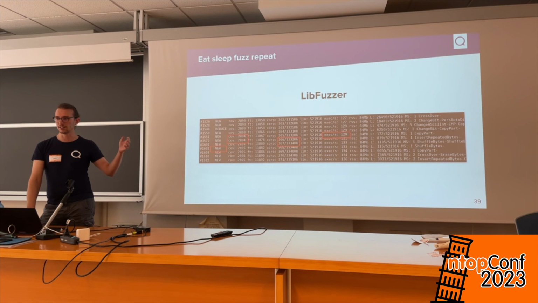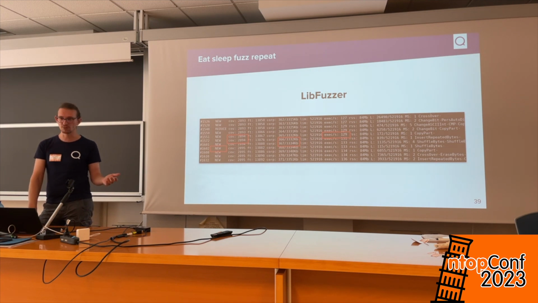That means how many instructions are executed by the particular point, because it executes all the corpus and then it tries to generate new inputs. And when it finds something new, it updates the corpus and adds that new input to it. You can see that the corpus size is increasing, 366, 367, and the execution.